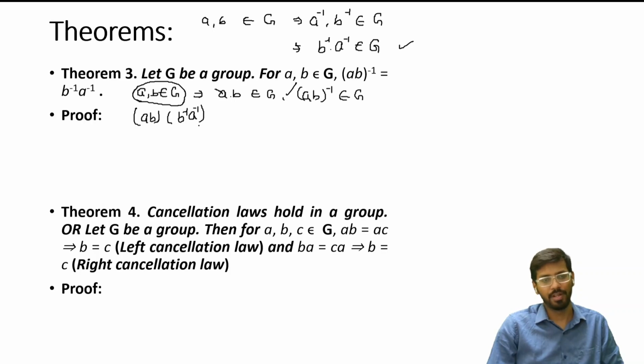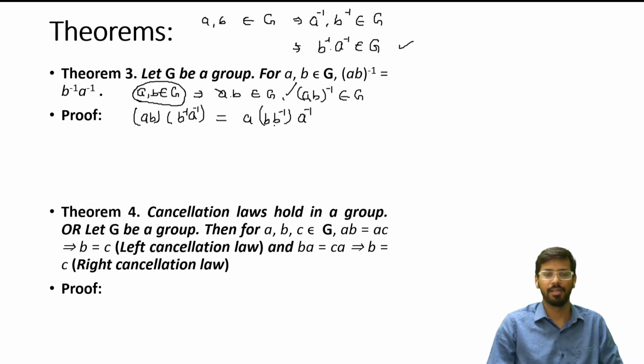Okay, we operate these two elements, that is equal to A, B, B inverse, A inverse. Here we can club B and B inverse by associativity. Okay, because associativity is satisfied in a group, so we can club it. Now that is equal to A, identity element, A inverse.